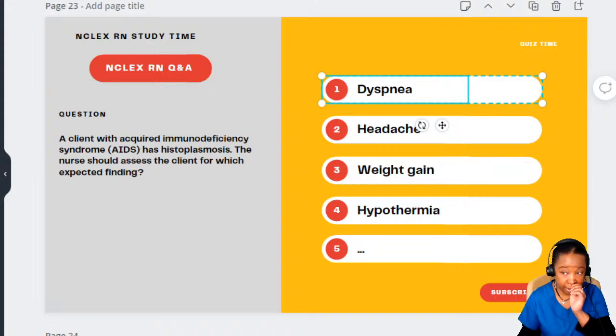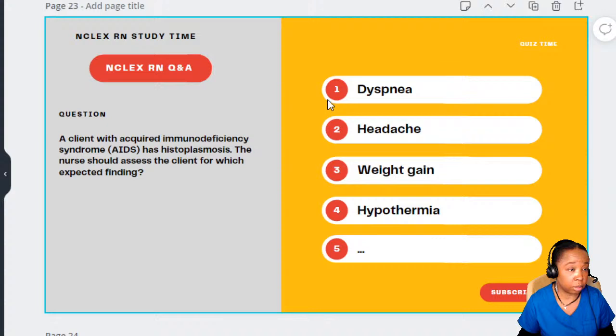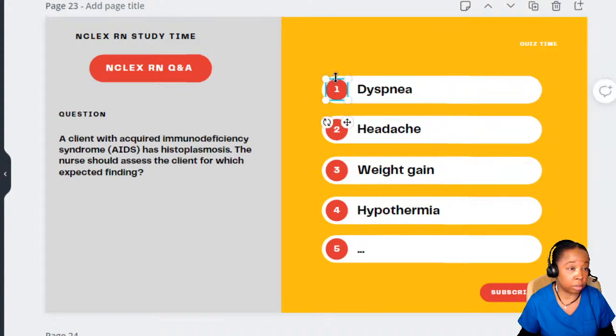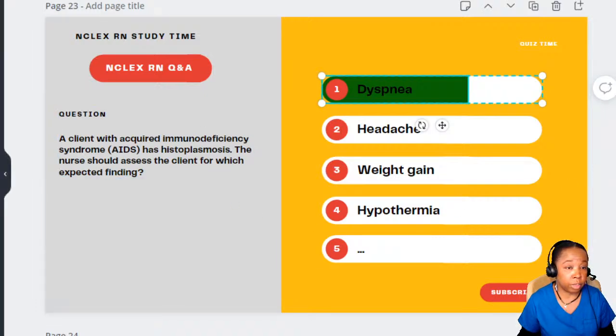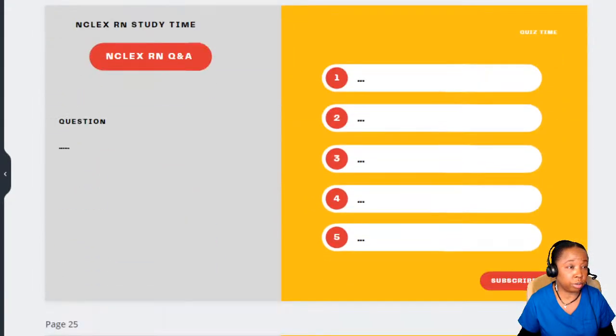The infection begins as a respiratory infection and can progress to a disseminated infection. The common symptoms that patient will have mostly will be fever, dyspnea, cough, weight loss. You see, weight loss, not weight gain. Let's move on to the next question.